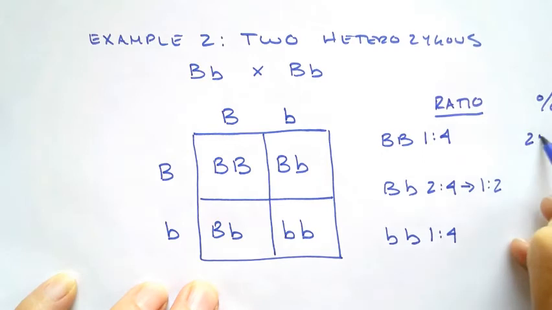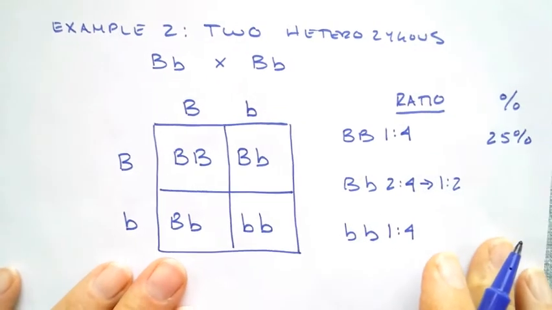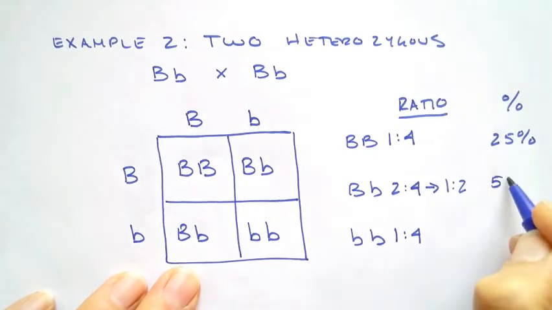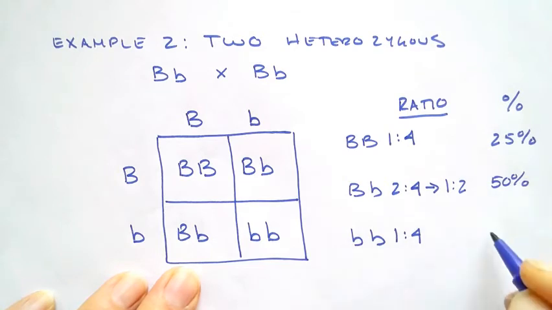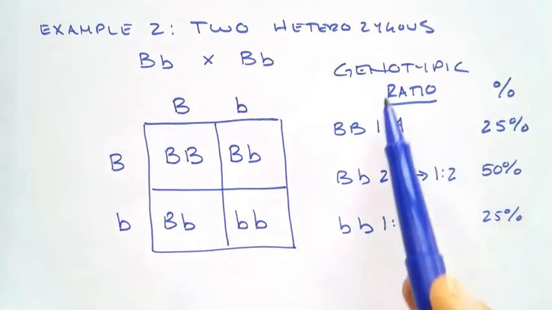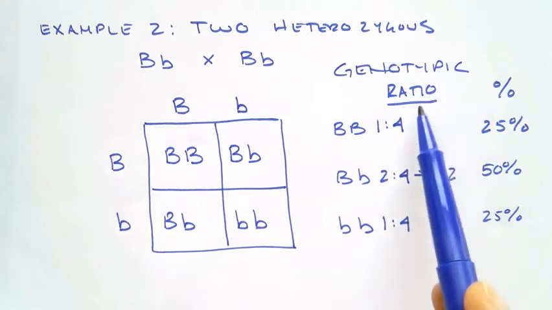So this is 25%. This is 50%, and this is 25%. Again, these should all add up to 100, just to double check your math. Again, these are the genotypic ratios.